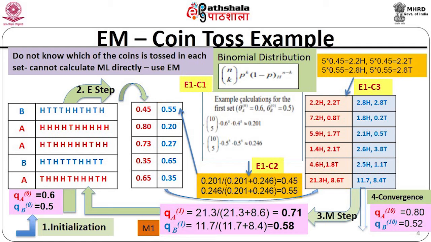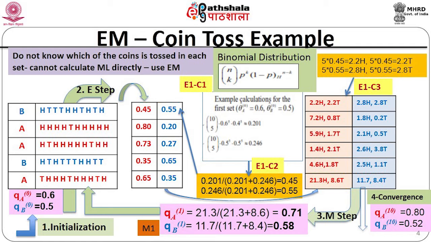That is the calculation there, but I could have as well chosen a blue. So, it is 0.55 into 5, which gives me 2.8. So, I have 2.2 H and 2.2 T, 2.8 H and 2.8 T. This is because the number of heads and the number of tails are 5 and 5 respectively. Like this I will fill it for all the 5 sets.